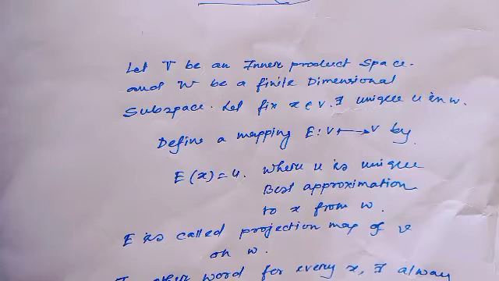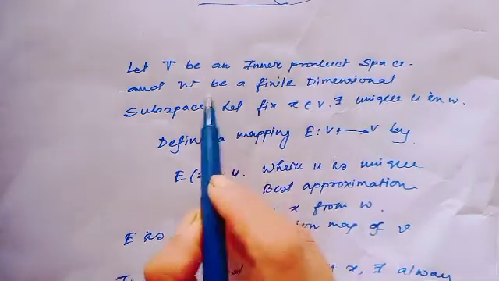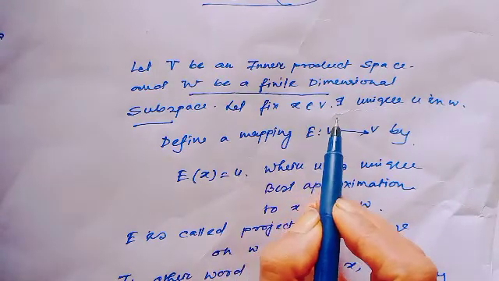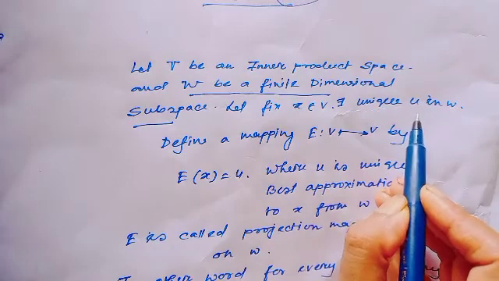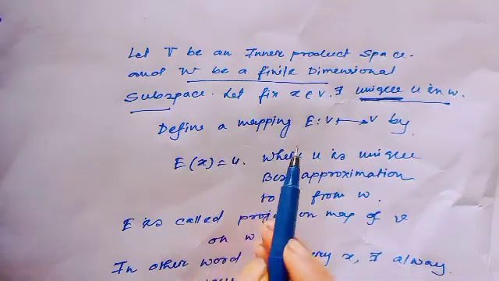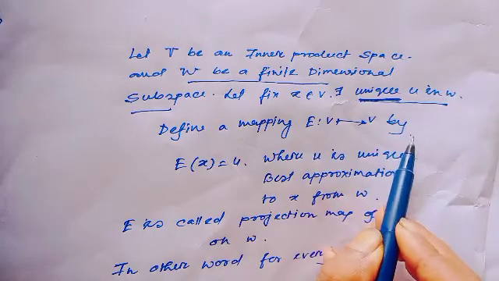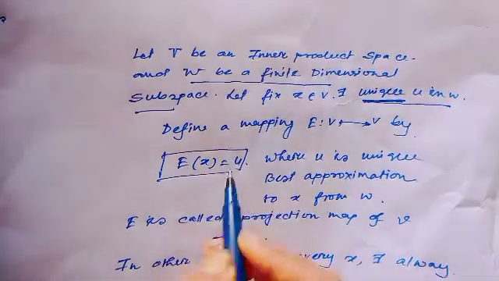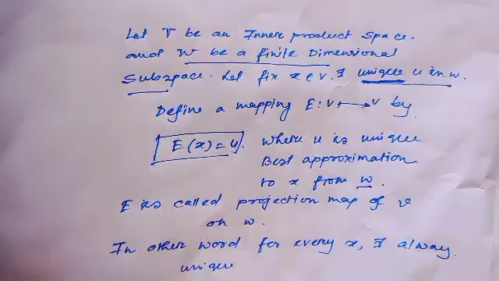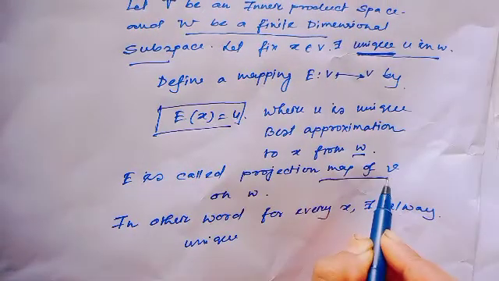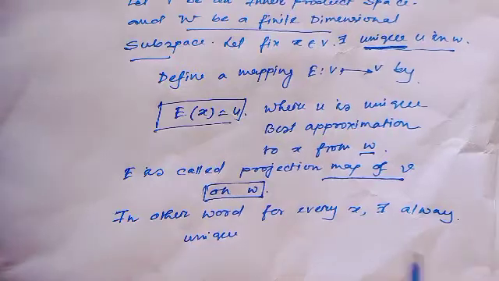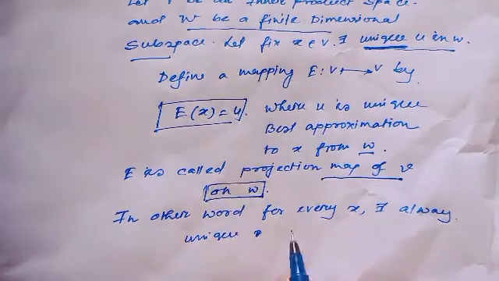Oh well. Therefore, there exists one theorem. Let V be an inner product space and W be a finite dimensional subspace of the vector space V, and fix x belonging to V. Then there exists a unique, obviously this is very important, unique u in W. Now define a mapping E from V to V such that E of x equals u, where u is the best approximation to x from W, and this is called the projection map of the vector space V onto the subspace W. In other words, for every x there always exists a unique u.